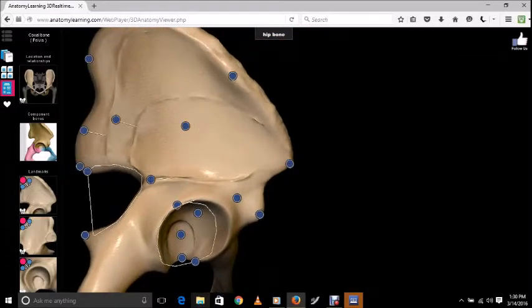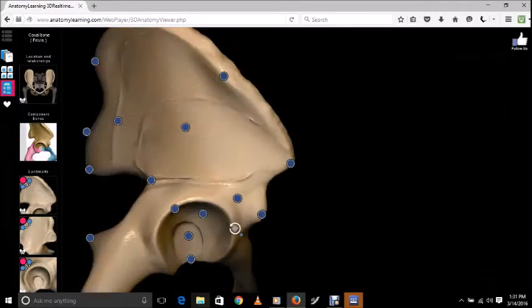However, we're here at the ilium, and the anterior inferior iliac spine has the same sort of importance, although the anterior superior iliac spine is connected to more things. However, the anterior inferior iliac spine isn't unimportant. It's actually connected to one of the important muscles of your front leg, which is called the rectus femoris.